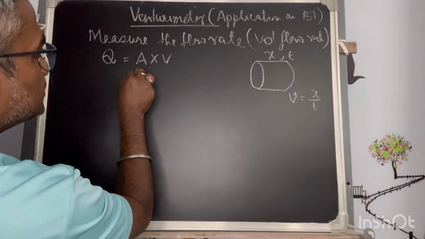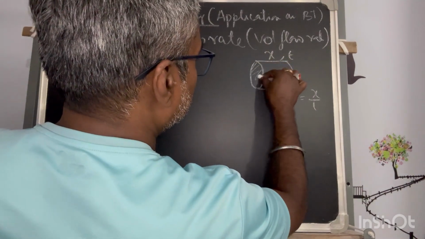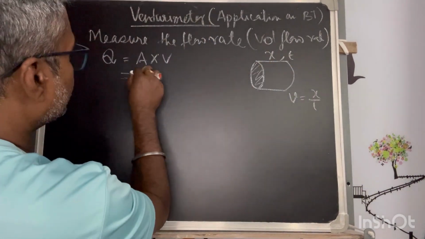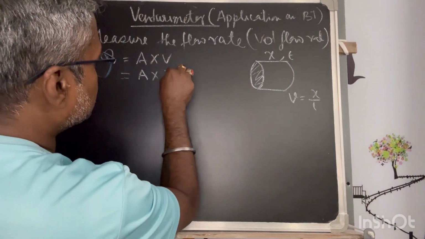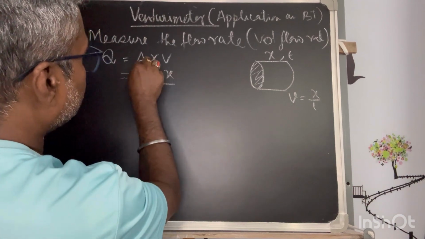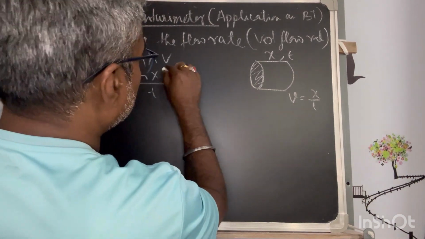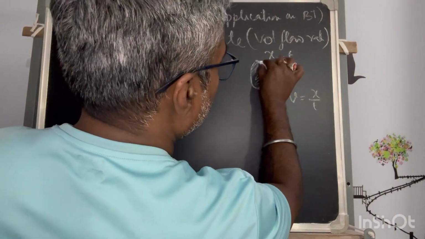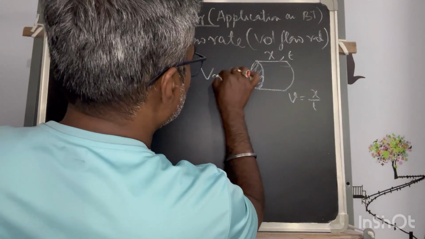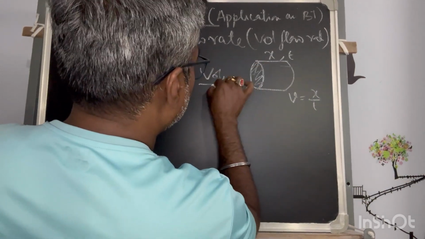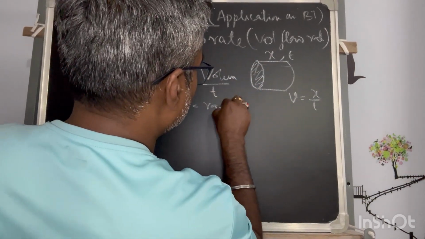So cross section into distance upon time, that is cross section into distance, which is volume, per time. That means the rate of volume flow.